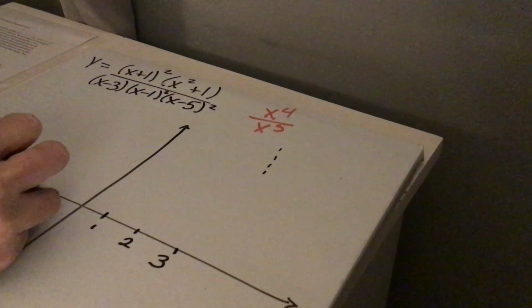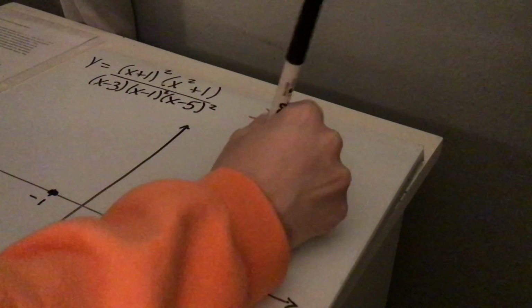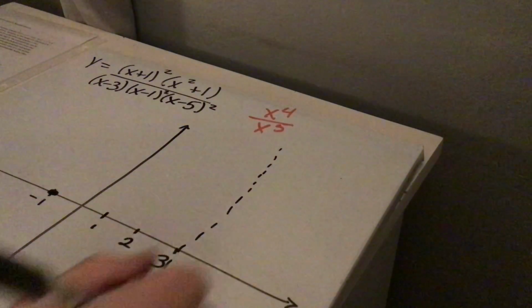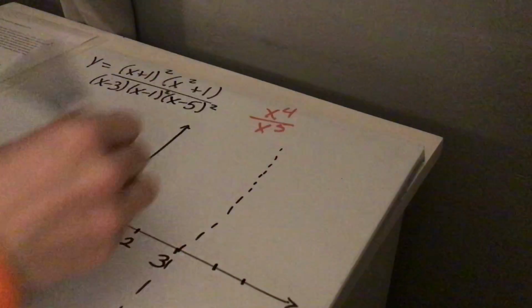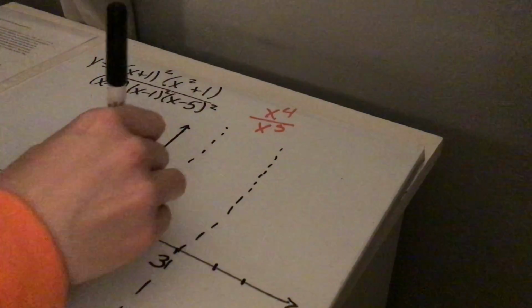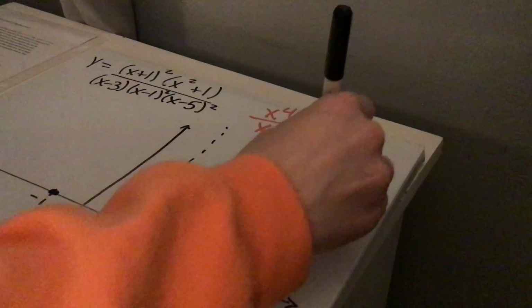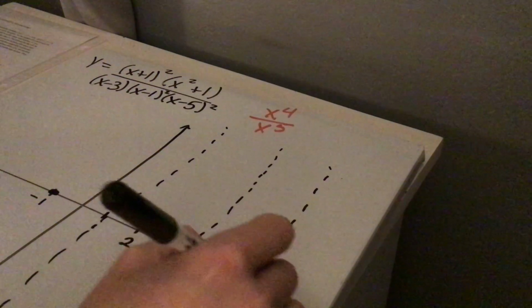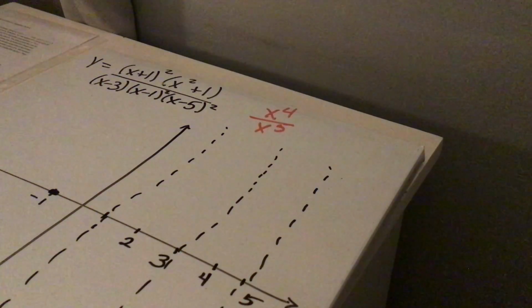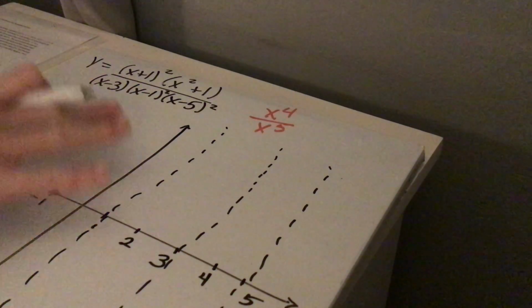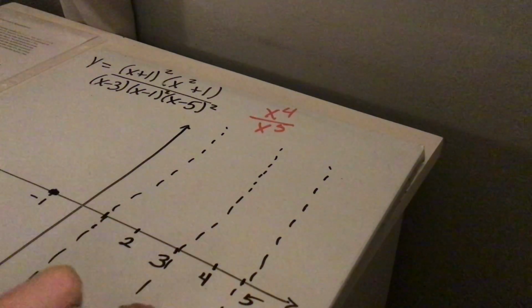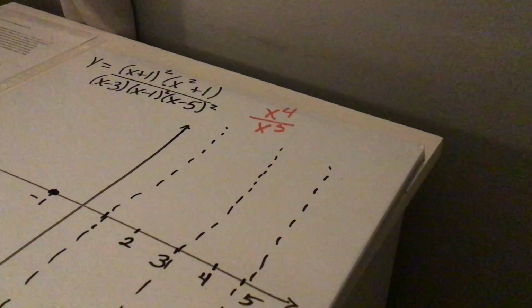So here's our 0, an asymptote at 3, at 1, and at 5. Okay, then we have to decide what the graph is going to look like here, in between, and out here.